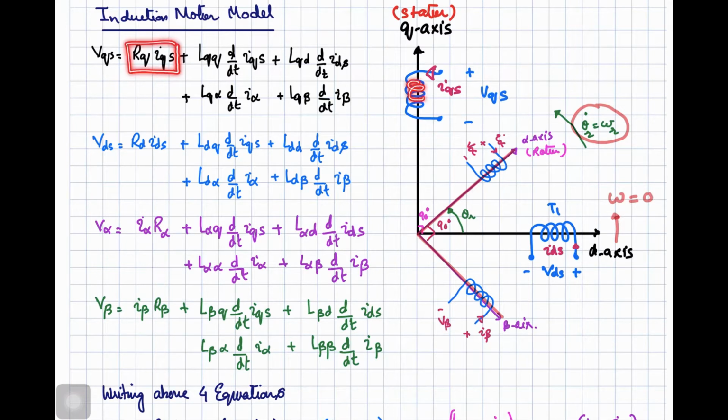Then the back EMF because of the inductor. This inductor is, let's suppose, LQQ, the Q axis inductance of the stator winding.